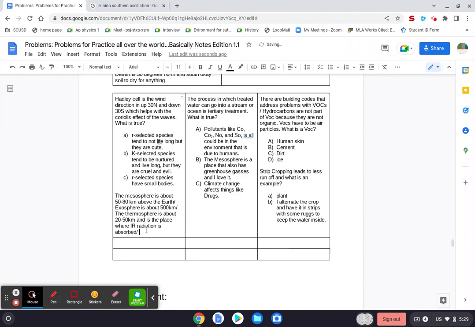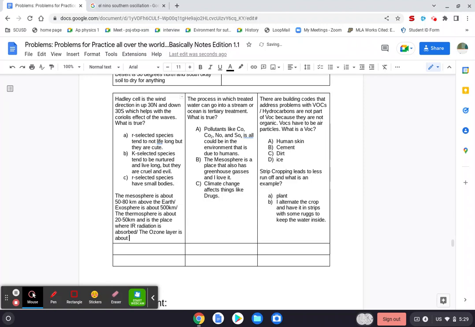The ozone layer is about 70 to 30. Because the AP test doesn't actually say you have to memorize this, except for the IR one.